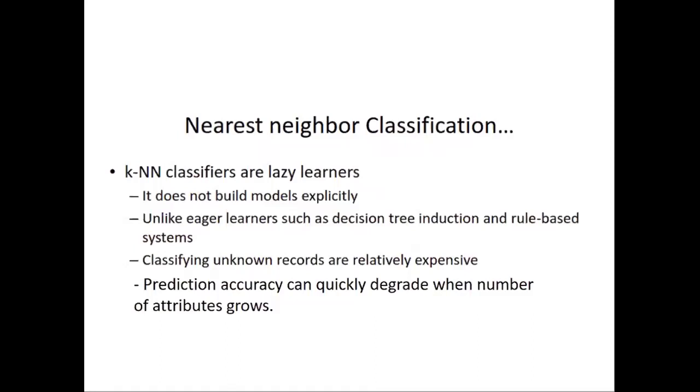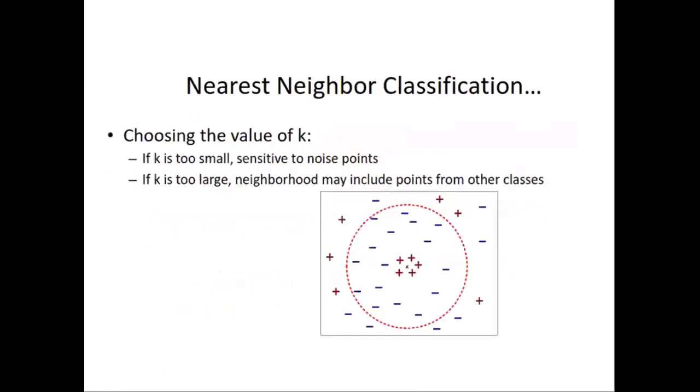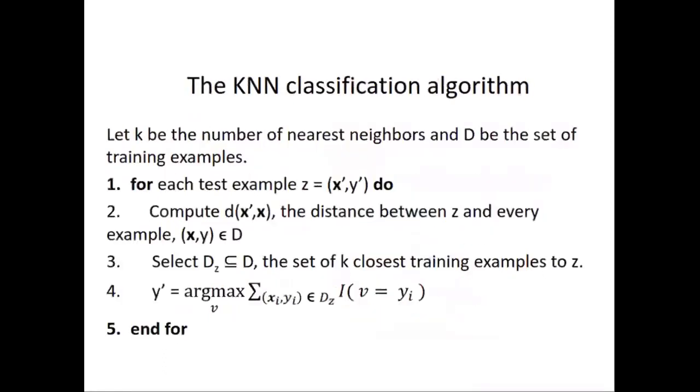Now I will not solve any mathematical problems on this. In the textbook also, they have given just this algorithm. The only thing is you need to understand what KNN is and how it works. In the exam, they'll just ask you to explain the KNN algorithm, for 8 marks or 10 marks.